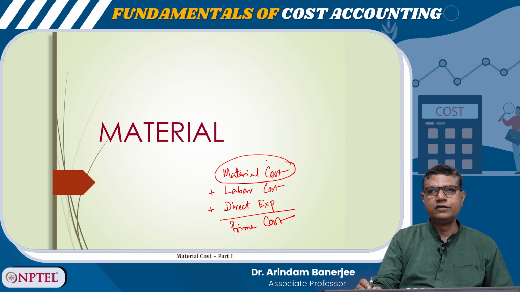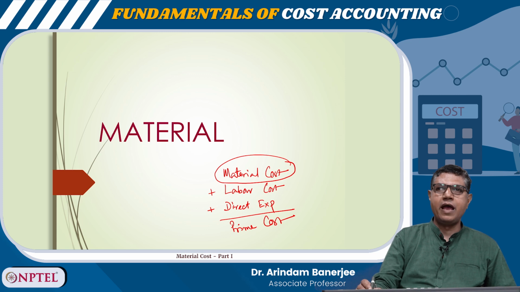So what will we discuss? We will discuss the primary idea of what material is, and there are two questions which we will try to answer. First, when the company procures material, the question comes: when to order? The second question is how much to order.